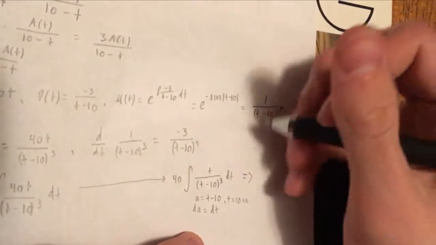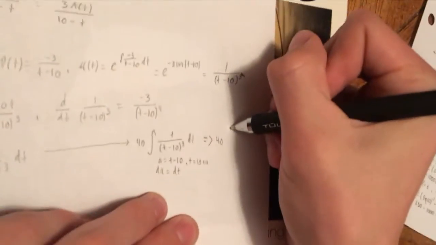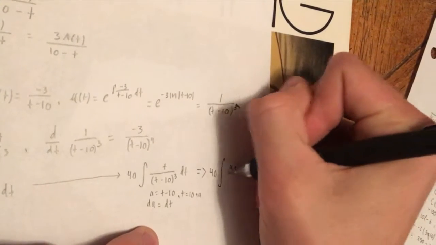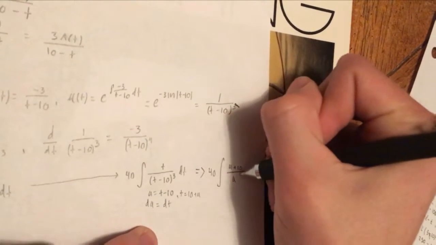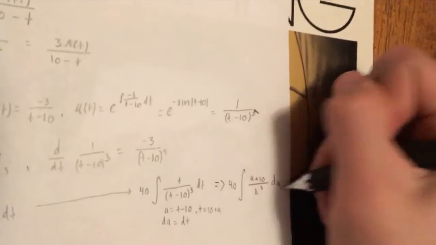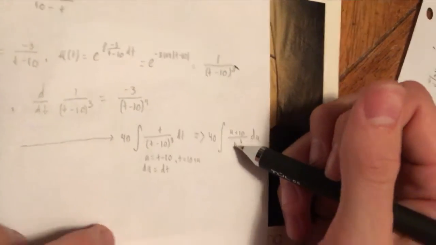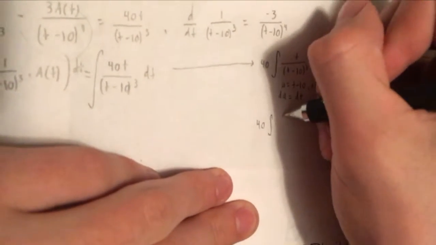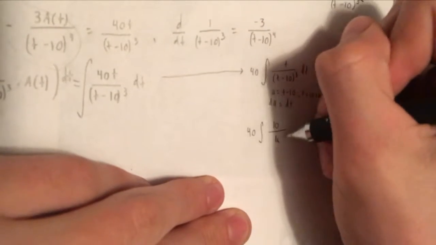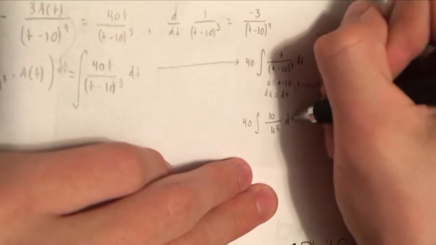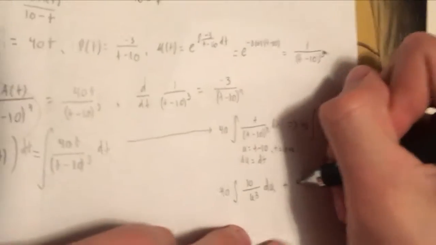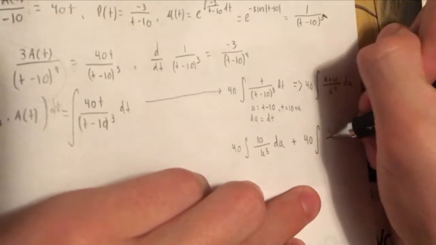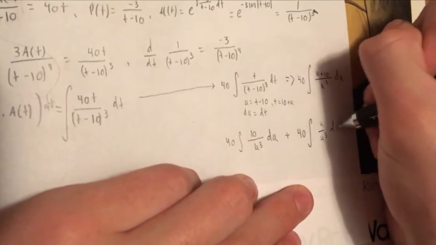So putting all of this together, we have 40, and then this can be broken up once more. So we'll have 40 times the integral of 10 over u to the third du plus 40 times the integral of u over u cubed du.